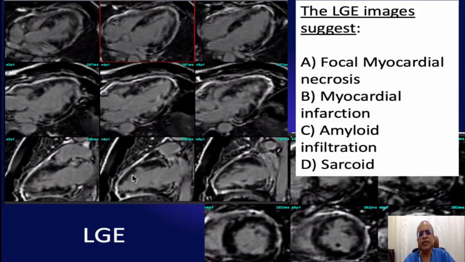Now, infarctions will always be in a particular coronary territory. They will be subendocardial or transmural, but restricted to certain coronary territories. The amyloid infiltration, as shown by Dr. Christopher, is very classical.